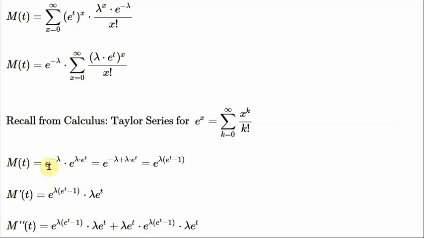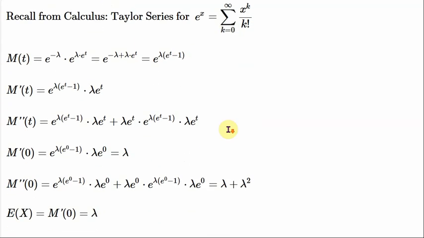And then multiplying this out, we get e to the lambda times e to the t minus 1. So this is the moment generating function for the Poisson distribution.